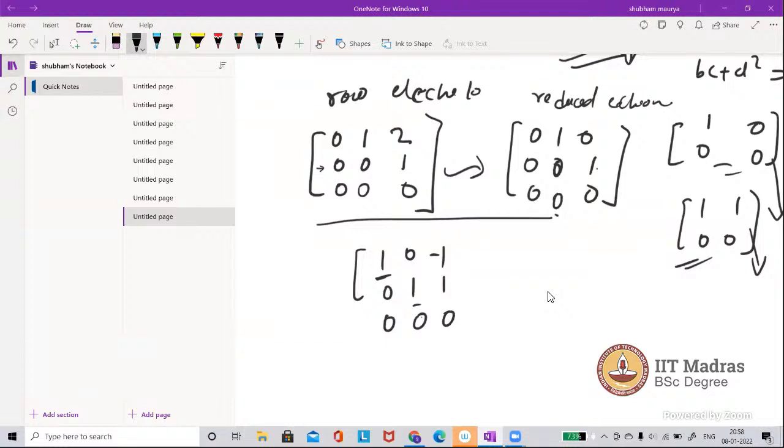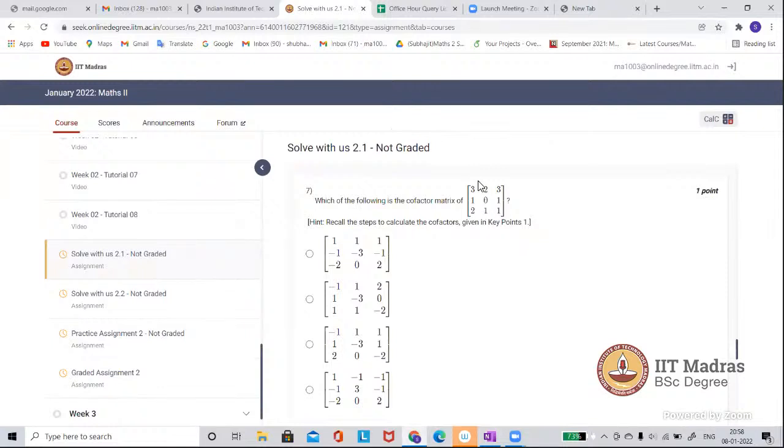No, sir, I just want to clarify a small doubt in the previous question: the cofactor of A11, do we have to multiply it with 3, or is it only -1? Shubham, go above.